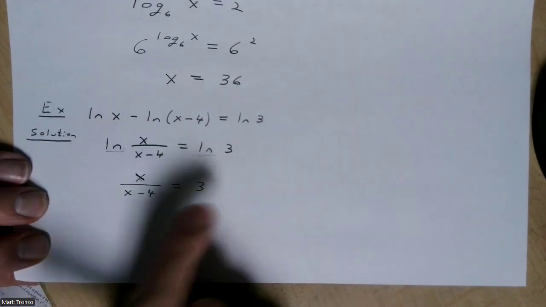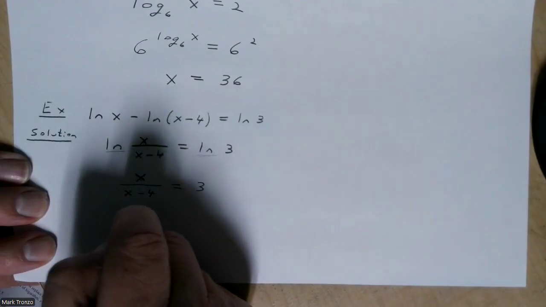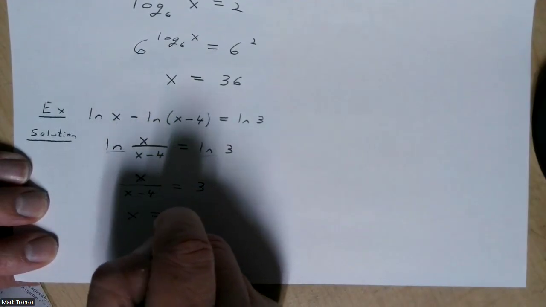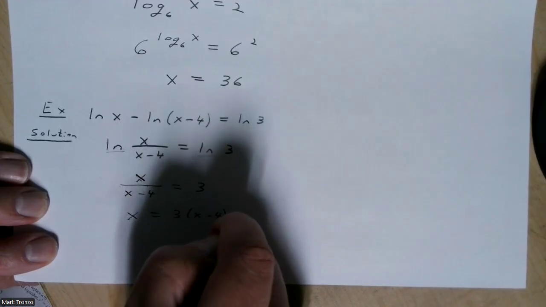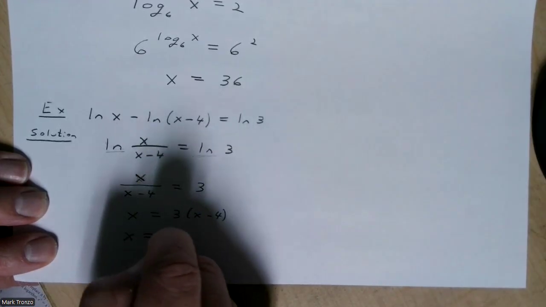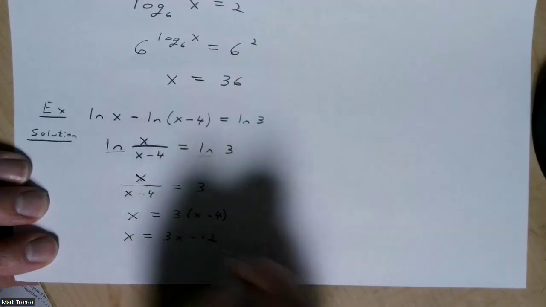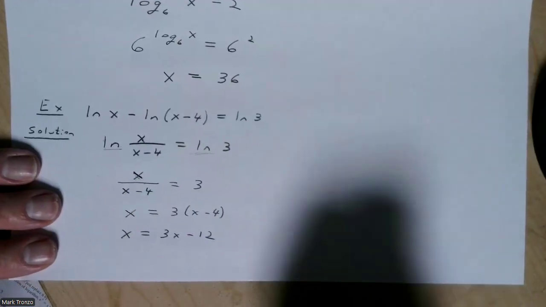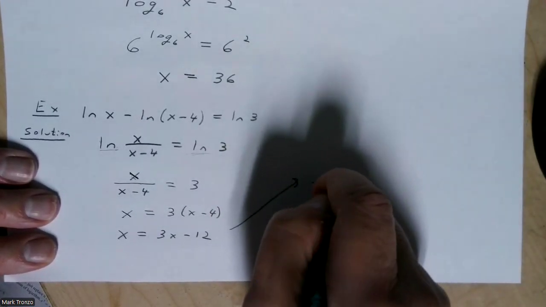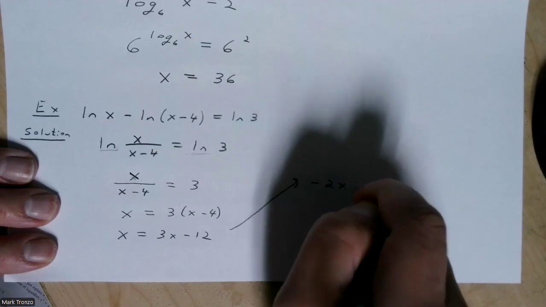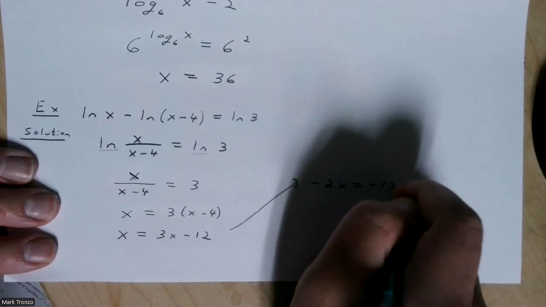And once again, if we multiply this over, this is going to give us minus 2x minus 12.